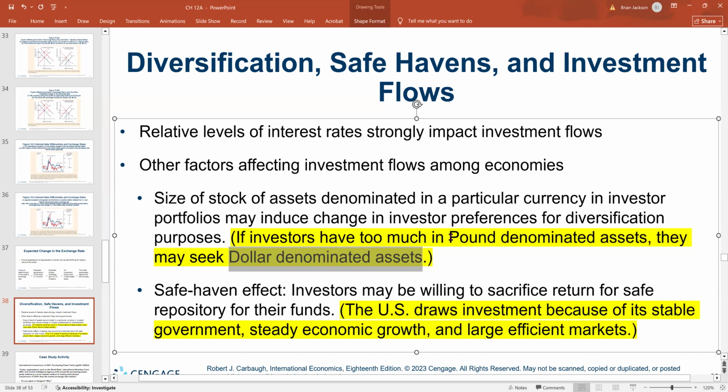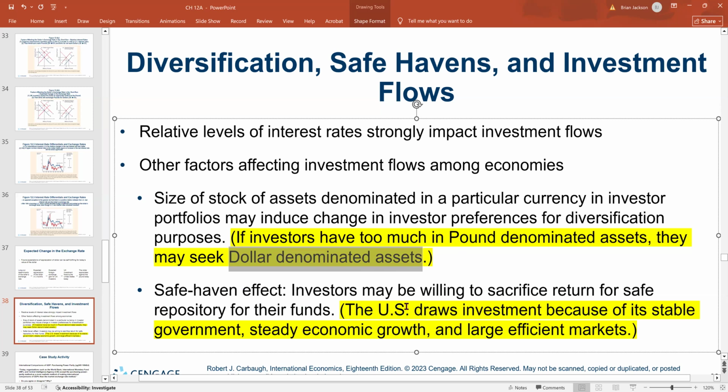Well, he was already wealthy, but he got much wealthier by being able to short the pound and push its value downward, and he made a lot of money on that. But anyway, that's a different story. You don't want to be heavily invested in pounds if the British pound decides to turn south. So you want to diversify as you do in any asset or investment strategy.